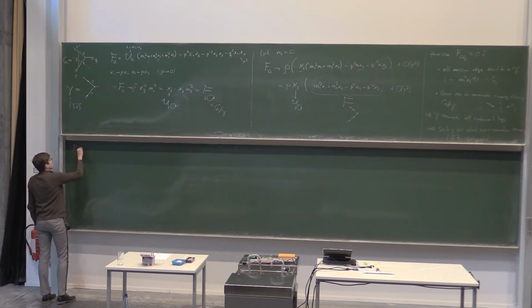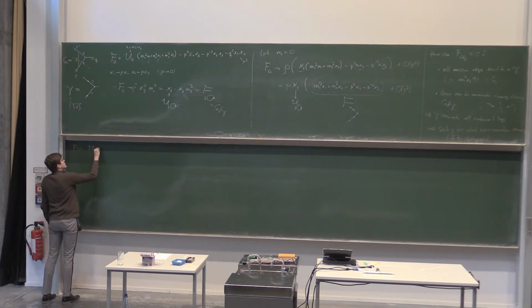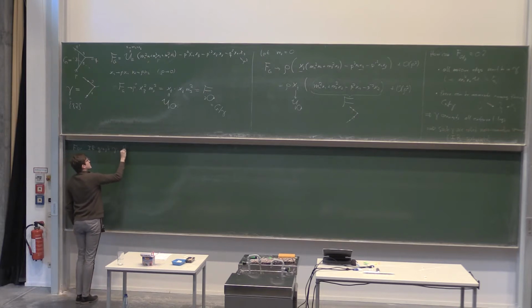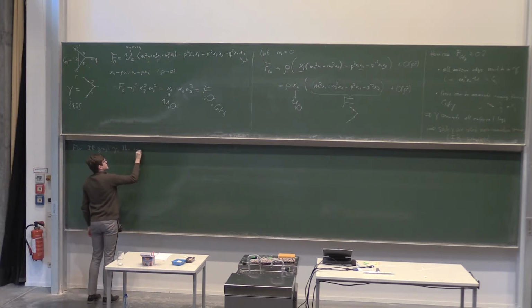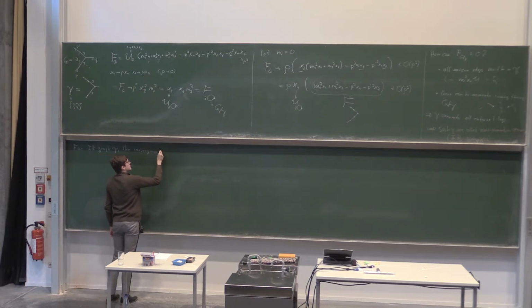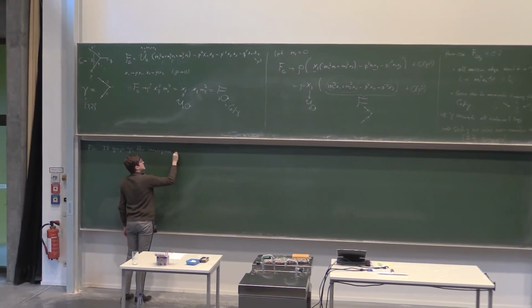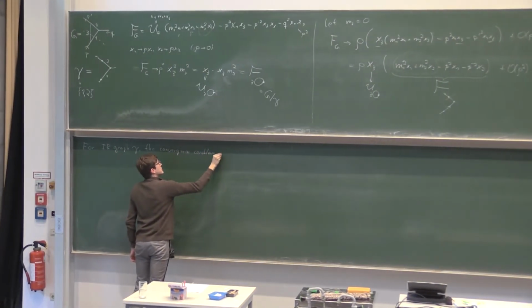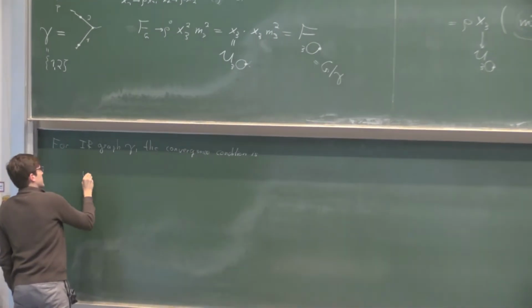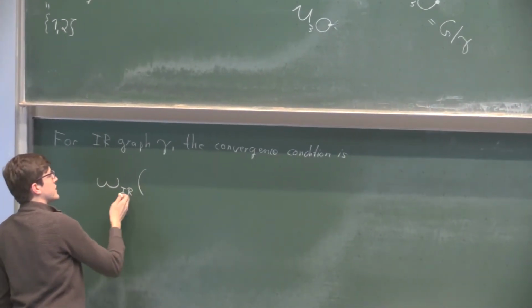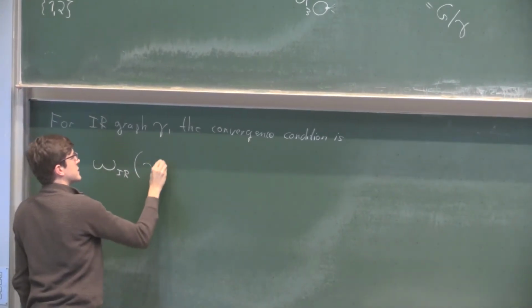So for an IR subgraph little gamma, the convergence condition, the power counting that you need in this corner of integration space, gets modified. So we call it the infrared degree of convergence.